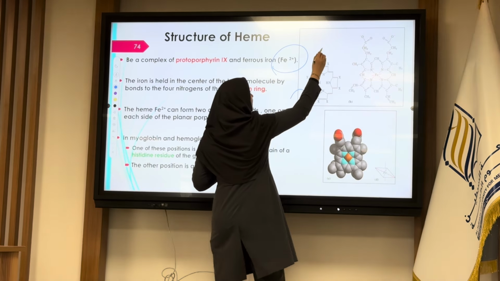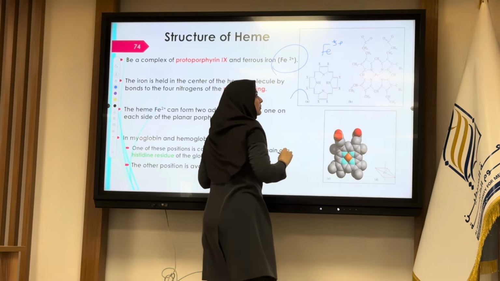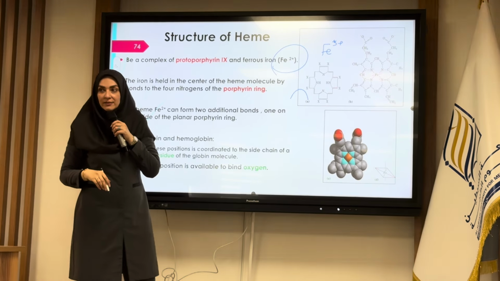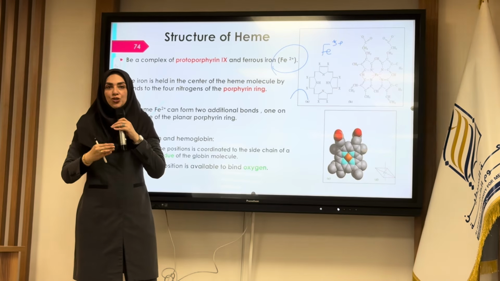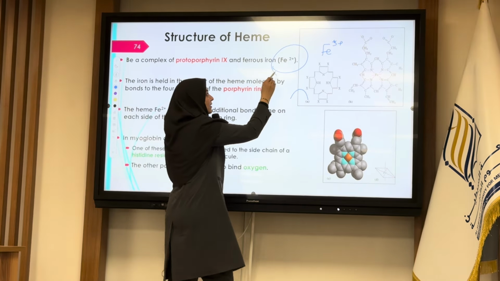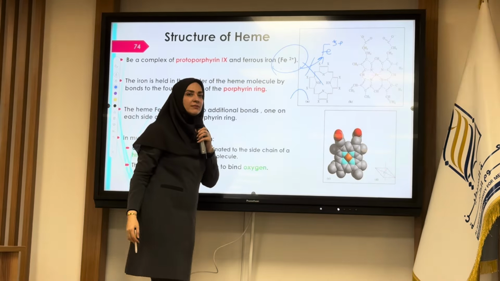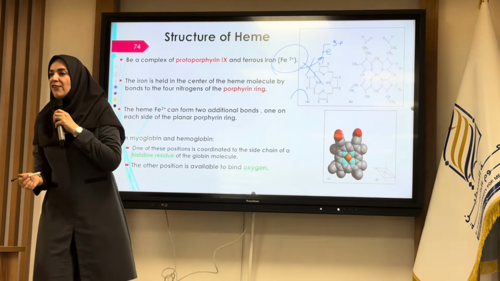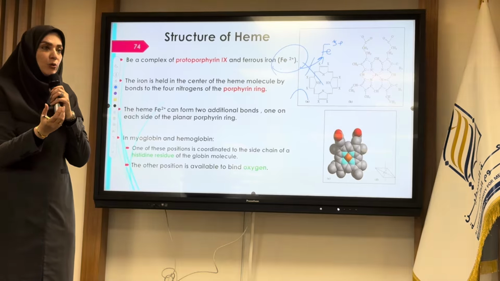What is this? Fe3+, ferric. Okay? You should know that if you change the ferrous to the ferric, it can cause death, because Fe3+ cannot bind to oxygen. I'm talking about hemoglobin.